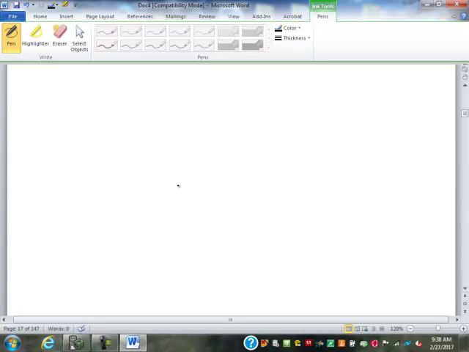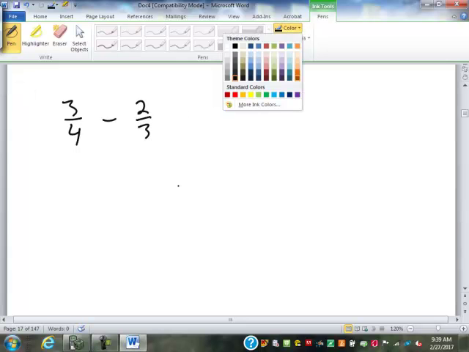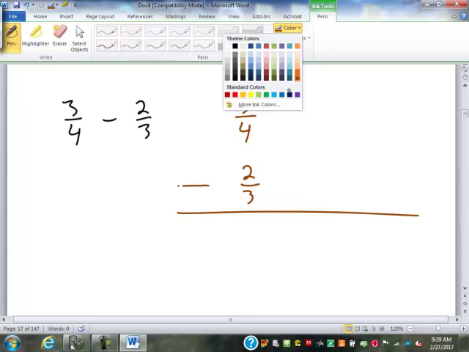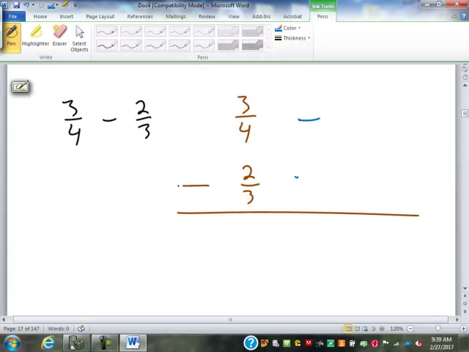If we are subtracting, we're going to do the same thing. Like 3/4 minus 2/3. What's my common denominator going to be? 12.